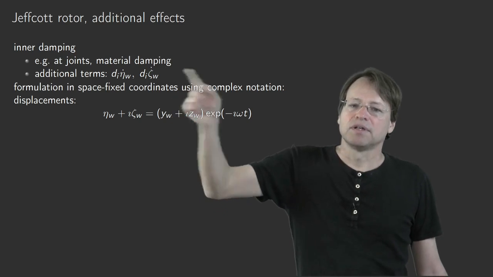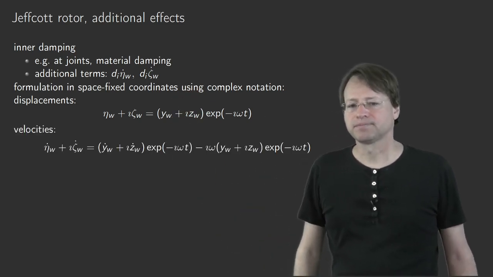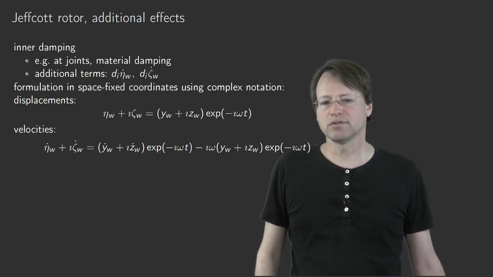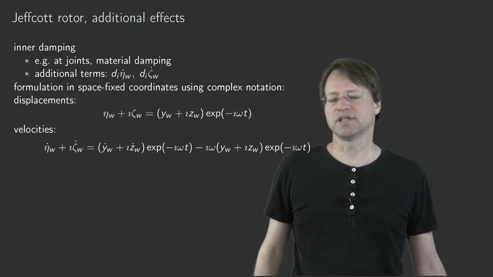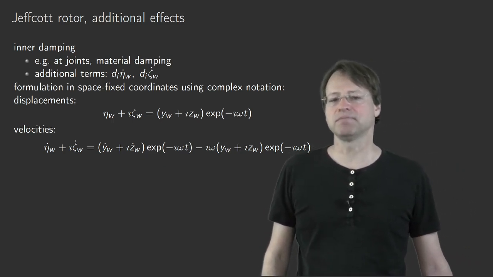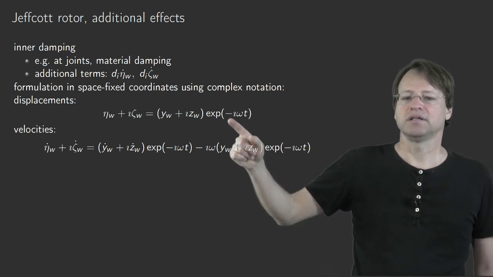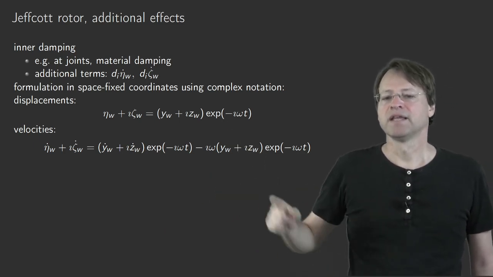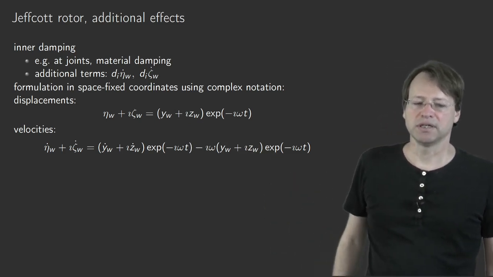As we want to deal with velocities, we have to take the first order derivative of that expression here. Don't forget to take the first order derivative of our space fixed coordinates because they are time dependent. So this is done in the first term, and in the second term we take the inner derivative minus I omega. We write down the space fixed coordinates and the exponential here.